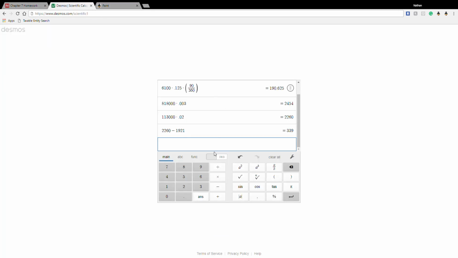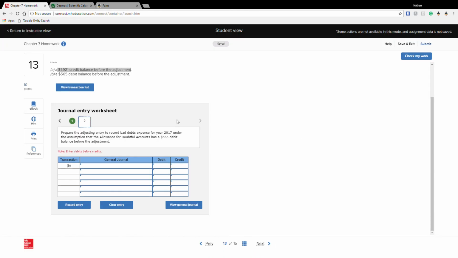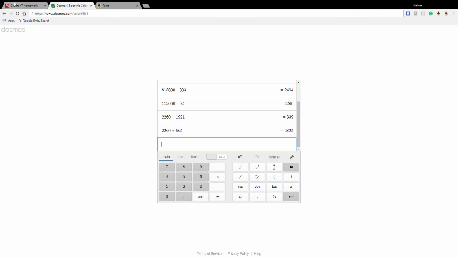Okay, so 2260 plus that 565, oops, almost had that transparency error, says the adjustment has to be $2,825. So again, same thing, bad debt expense, allowance for doubtful accounts, and 2825.